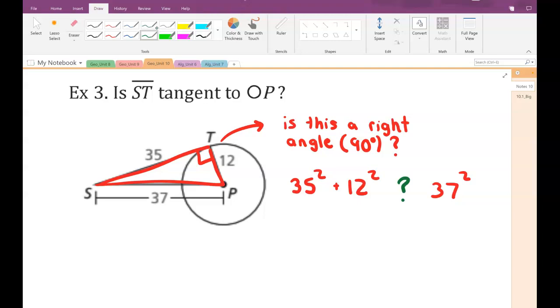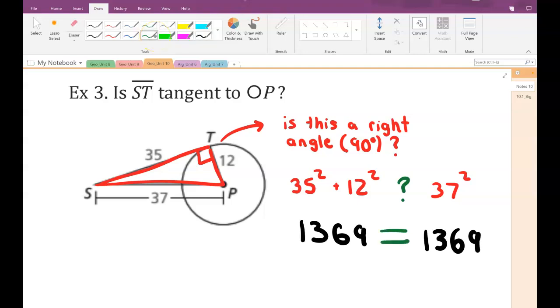Well, if you would go through and you get out the numbers, I can do it here when you're copying it down. 35 squared plus 12 squared is 1,369. And so that's the same thing as 37 squared. So these are equal to each other.